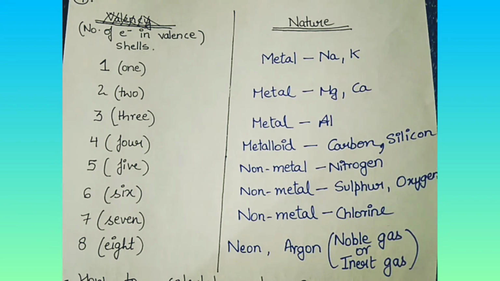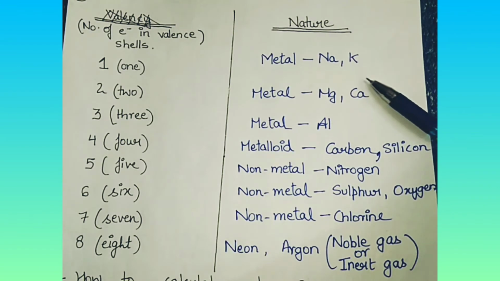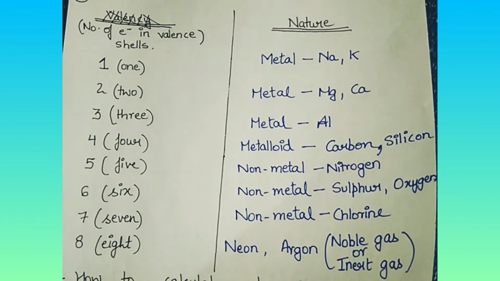So let's see. If the atom or an element has 1, 2 or 3 electrons in its valence shell, then they are termed as metals. Example, sodium, potassium have 1 electron in their outermost shell, hence they are metals.